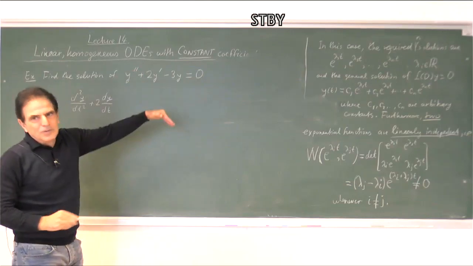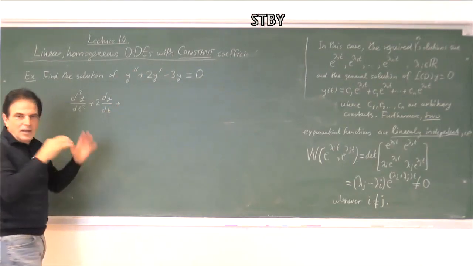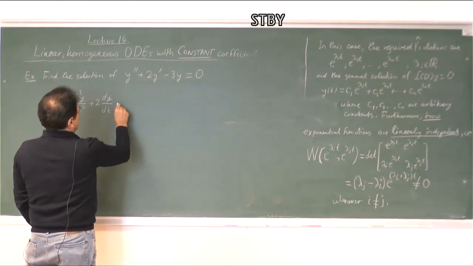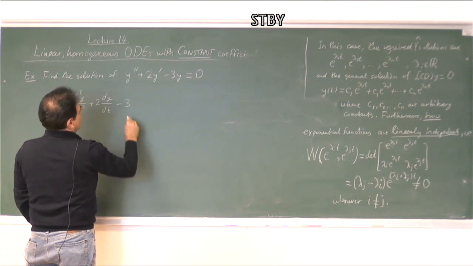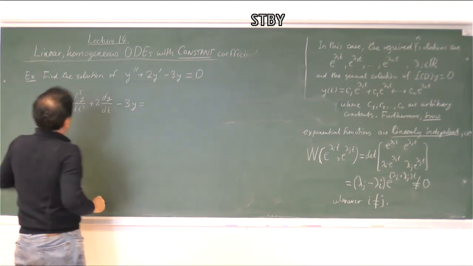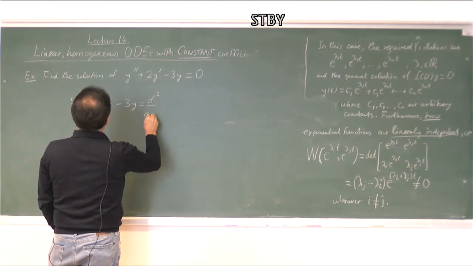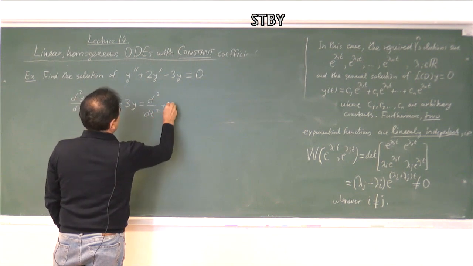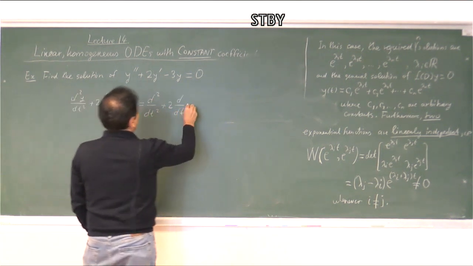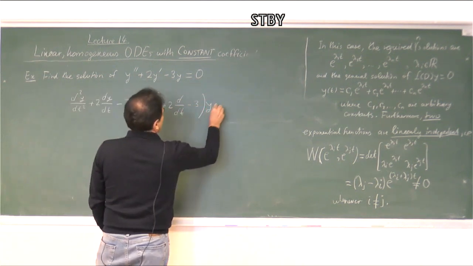To write down the operator form, we use in principle, or hiddenly, these steps that I derived for the first time. So then this may be written as d squared dt squared plus 2 d dt minus 3, applied to y, equal to 0.